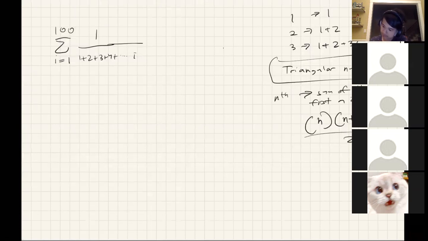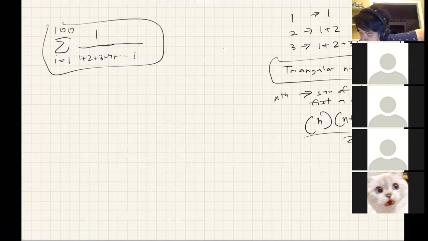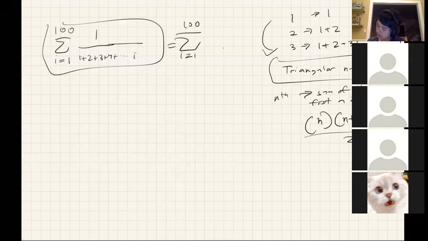So we have this over here, the sum of the integers from 1 to i. The first thing you do when you see the sum is find a closed form for the summand, and thankfully, we've already given the closed form to you. It's this over here, because we're asking for the reciprocal of this closed form.